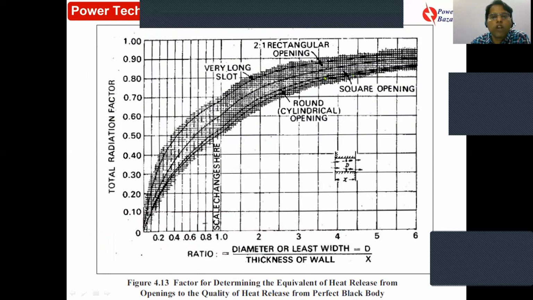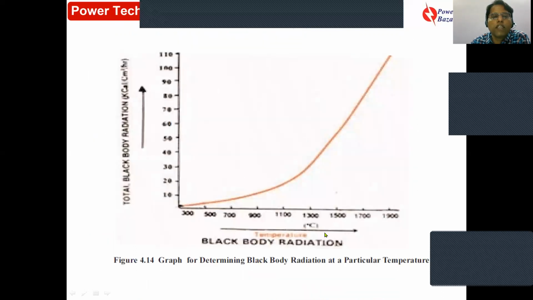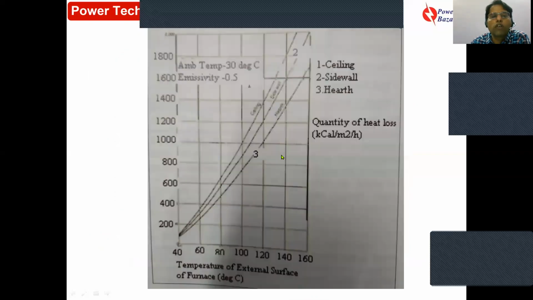These are for square openings and round openings. Then there is black body radiation. You have to understand the total black body radiation in kilocalories per cm square per hour. From these two data, we can calculate the efficiency, and also the total efficiency. Now this is the temperature of the external surface of the furnace versus the quantity of heat loss.